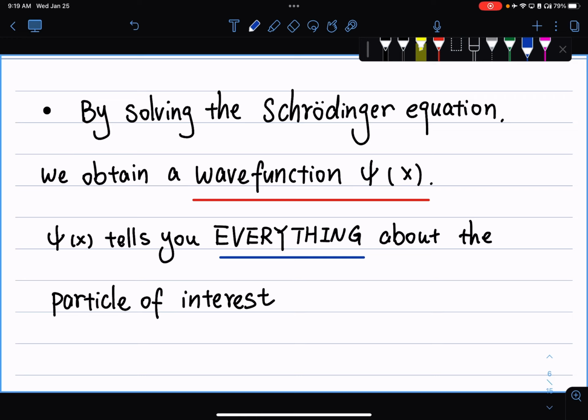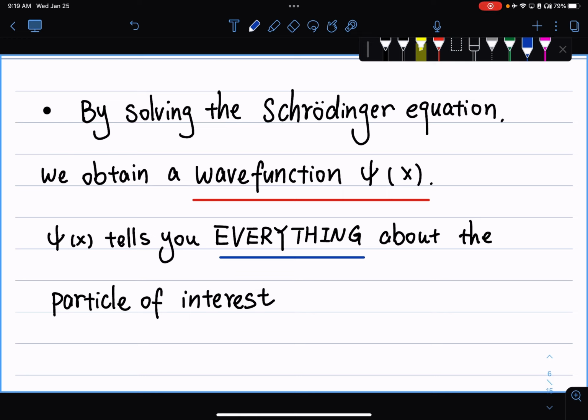So I always like you to think about it like this. The wave function is like an oracle that knows everything. But the problem here is, in order for the oracle to tell you the correct answer, you need to have the correct question to ask.